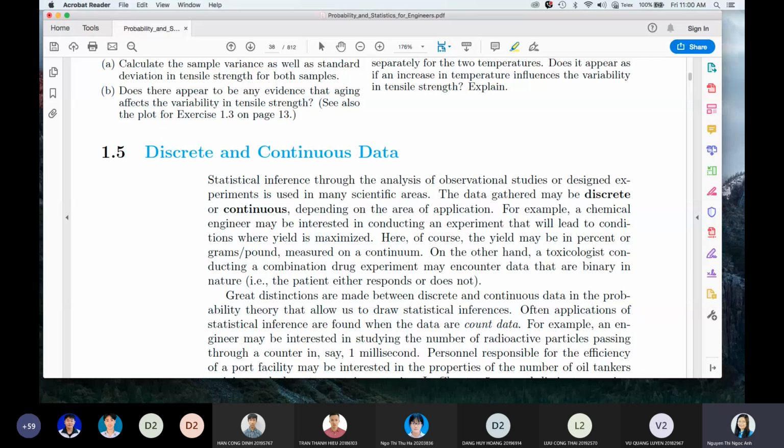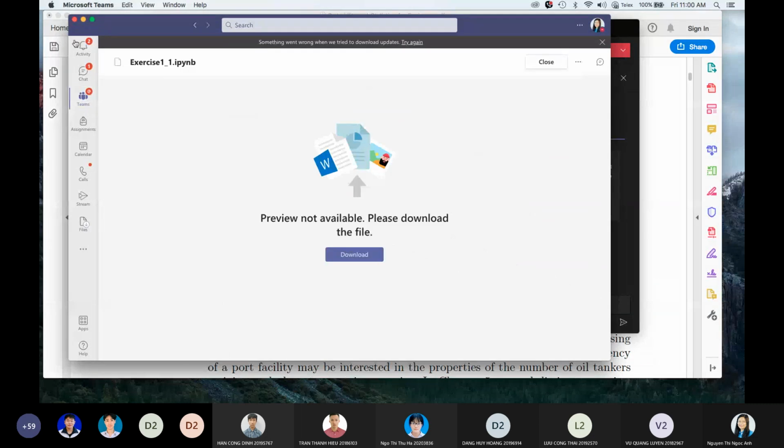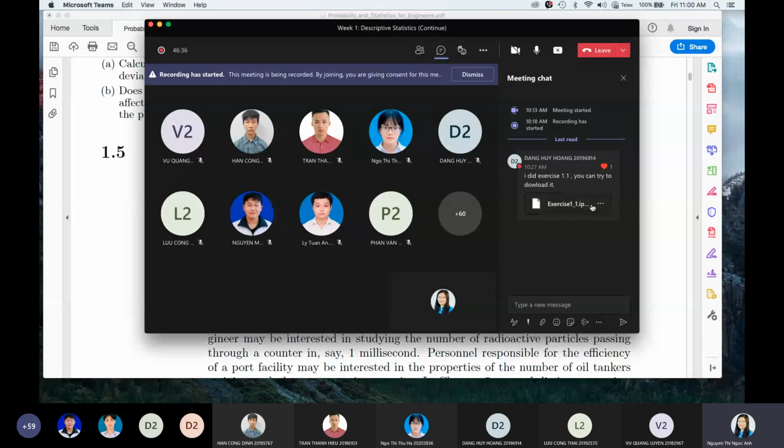If you have any question, please turn on your microphone and talk to me or write it down in the chat box. Do you have any question? Okay. I hope that you can understand two concepts. First is the sample mean, and the second is the sample variance and sample standard deviation.